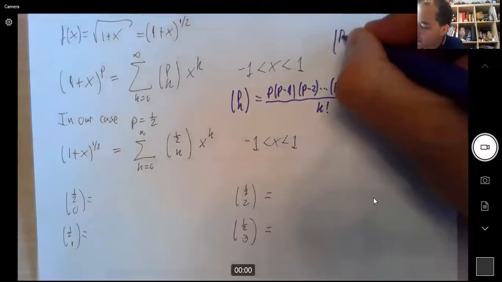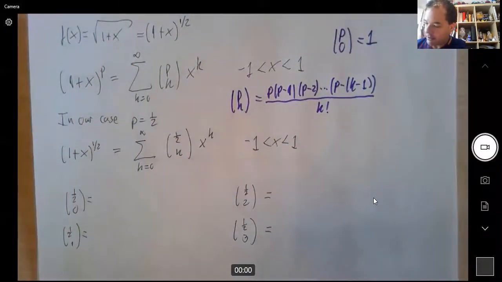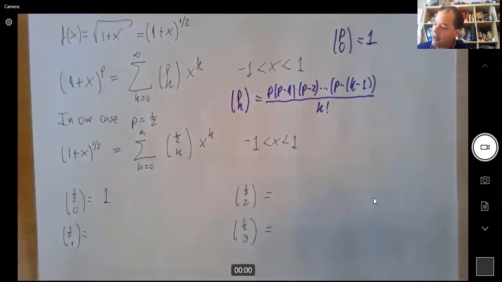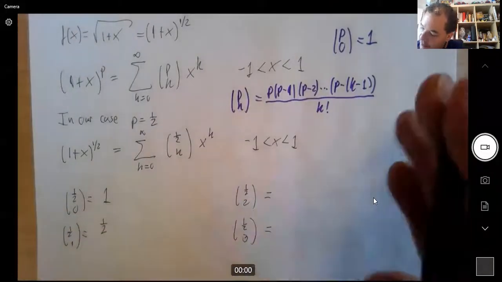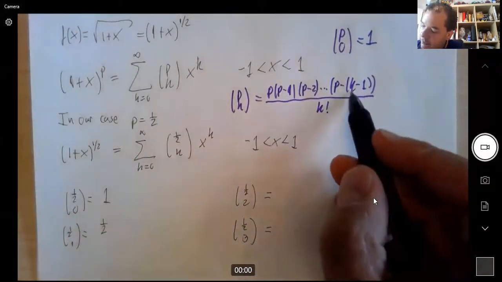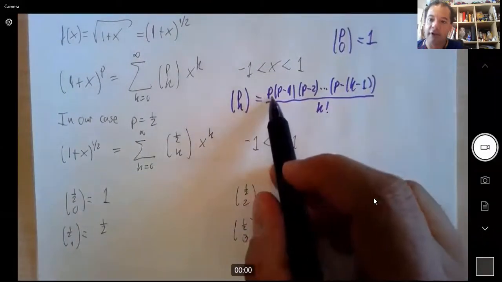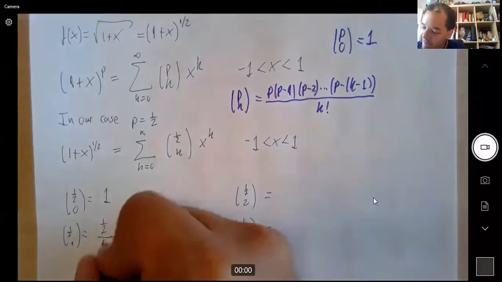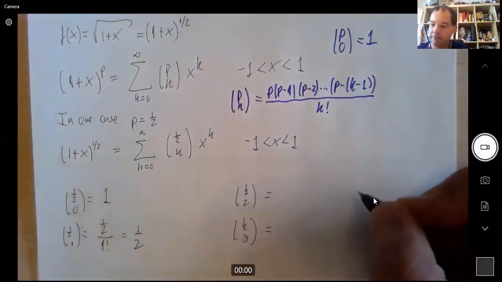So p choose 0 by definition is 1. So this one is 1, nothing to do. 1/2 choose 1 will be 1/2, and that's it, because k is 1. So you use 1 minus 1 is 0. So you only have one term in the product. 1/2 divided by 1 factorial. So that's just 1/2, right?